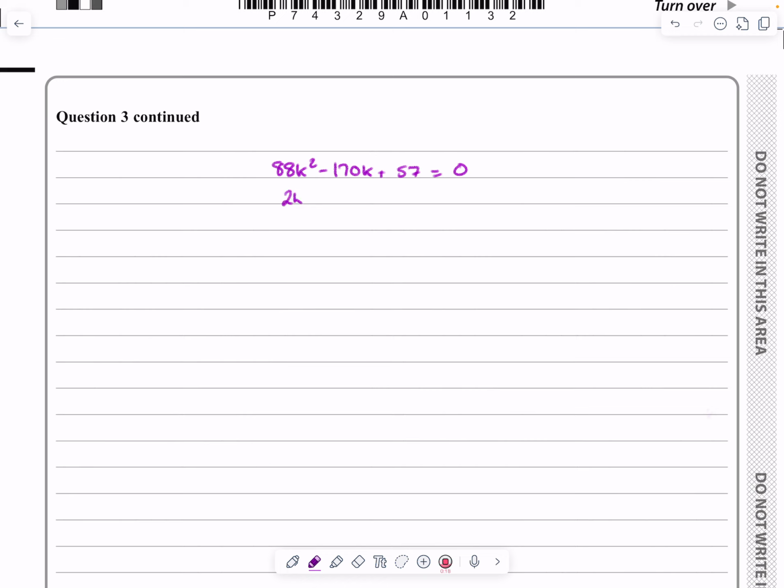I can say that it actually does factorize to (2k minus 3)(44k minus 19) equals 0, which is going to give me k equals 3 over 2, or k equals 19 over 44.